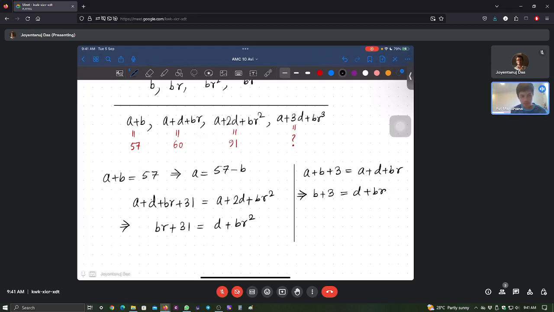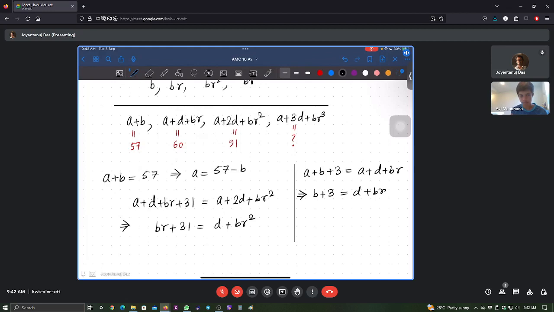And then you can say b minus d plus 3 is equal to br. You're trying to replace br from these two equations, yes, that you can try.